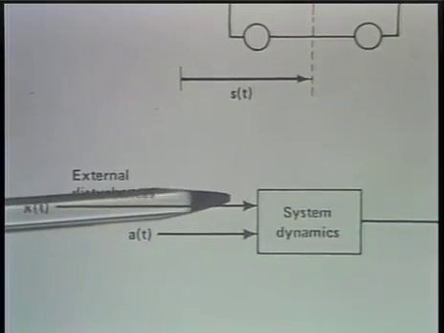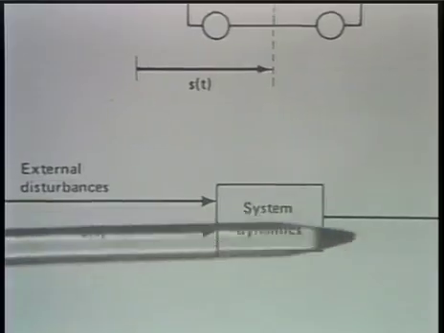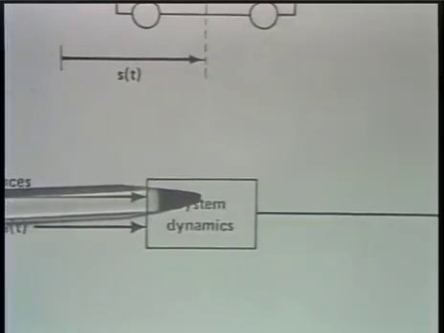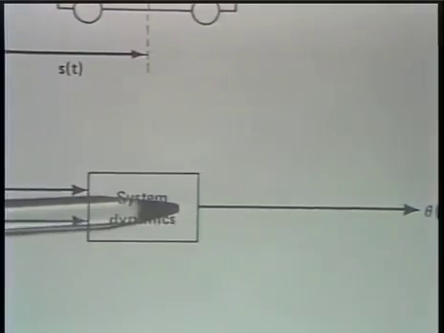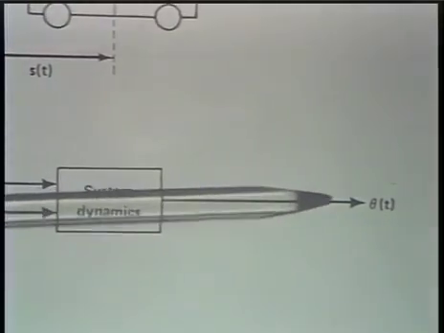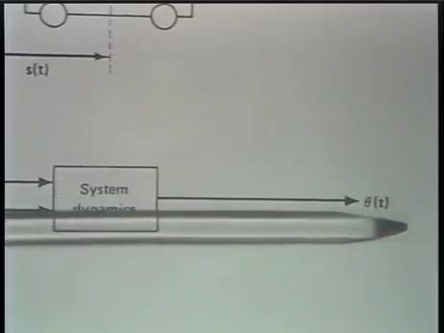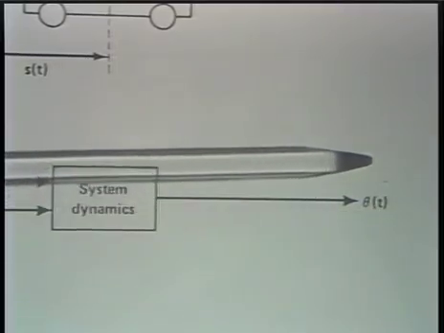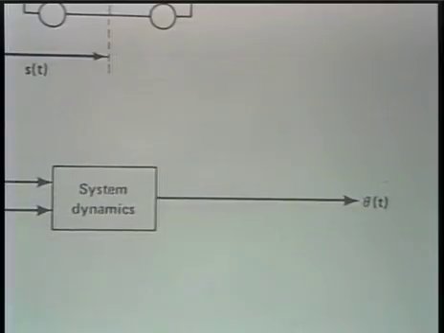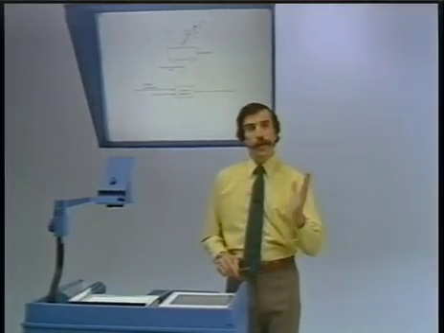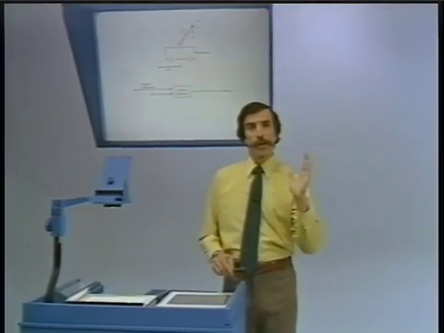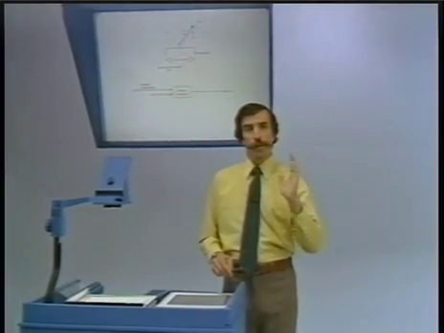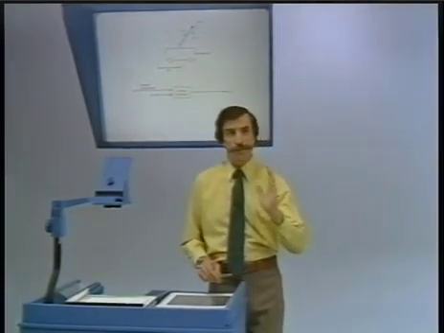And then through the system dynamics, that ends up influencing the angle of the rod. And we'll think of the angle of the rod as the system output. And basically, the idea then is to try to keep that angle at 0 by applying the appropriate acceleration.